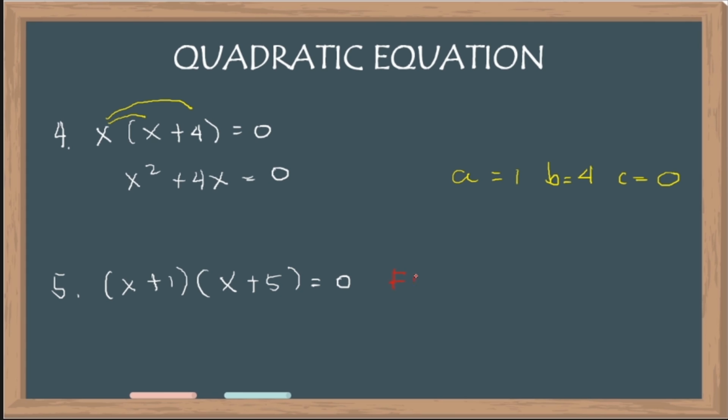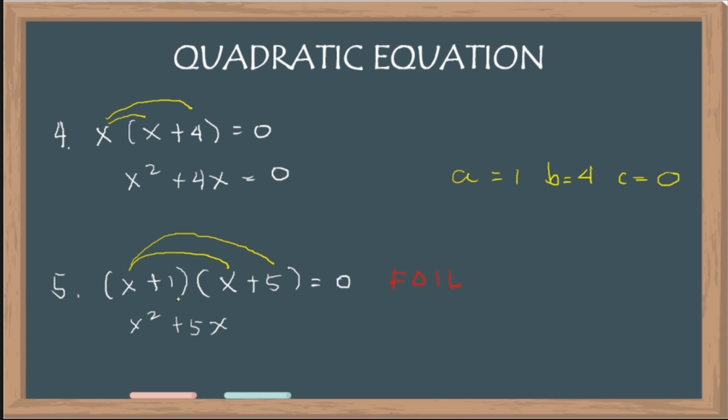Okay? Using FOIL method, tingnan natin kung anong magiging result. So, we multiply the first terms. So, yung x times x, that is x squared. Then, we multiply the outer terms. That's x times 5 or 5 times x, that's 5x.